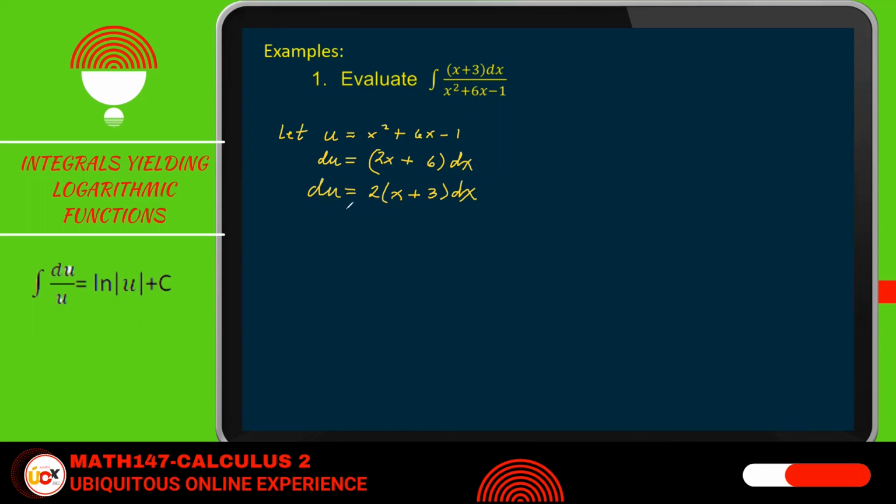If you observe, your du is similar to the numerator of the integrand. There is only a missing constant of 2. To make it equal, we have to remove 2 from this side, so you divide both sides by 2. Cancel this out. Therefore, 1/2 du is equal to x plus 3 dx.